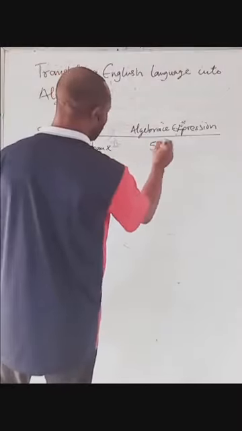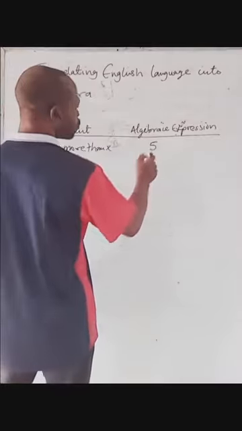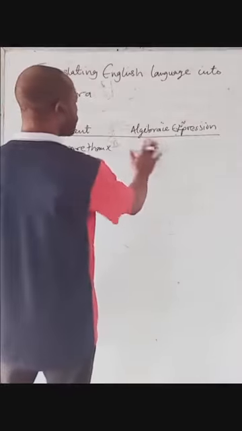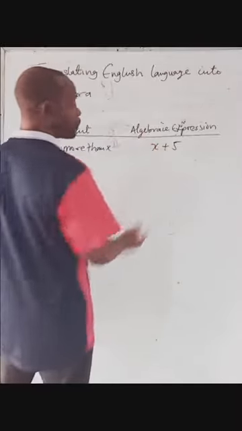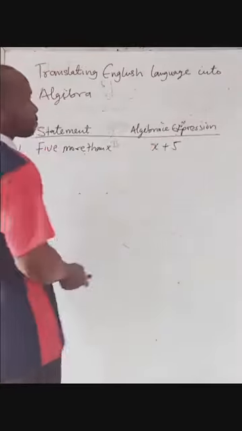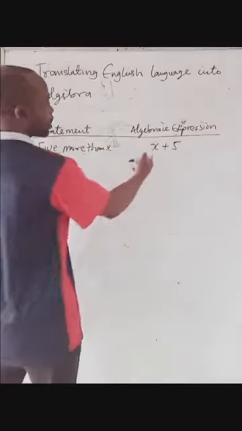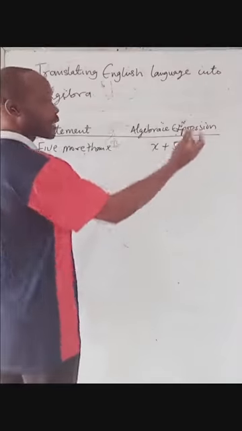This is the value of 5, more than x is going to be x plus 5. This is the mathematical expression. x plus 5 is 5 more than x.